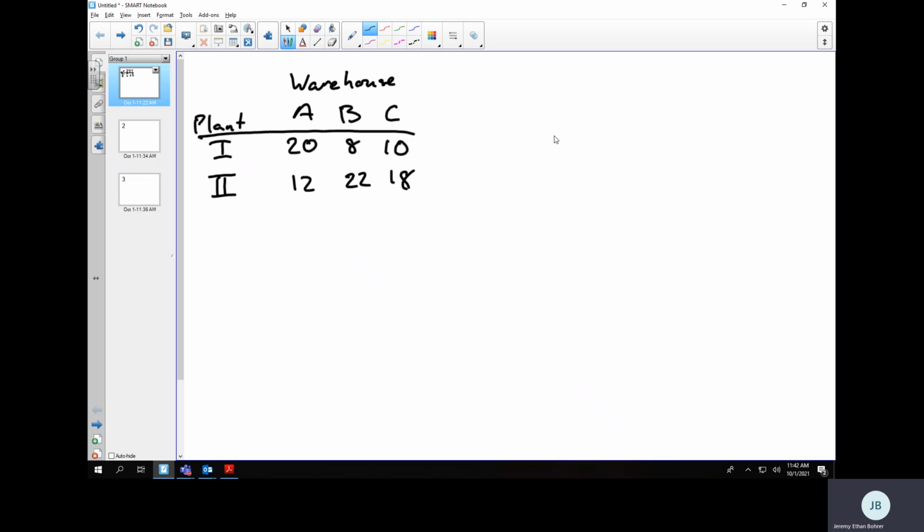The number shipped from a plant to a warehouse leads to this table.